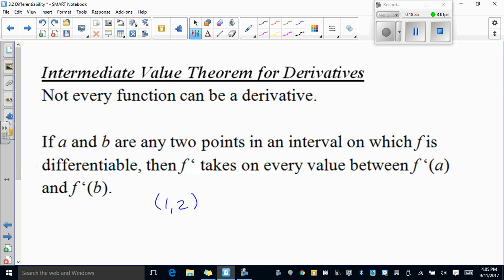That means the derivative will take everything between f prime at 1 and f prime at 2. Every point between the two it will take on those values. Anyways, so I can show that if this was a negative slope and this was a positive slope, that somewhere between the two, there was a slope of 0.